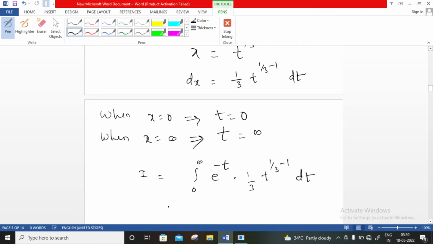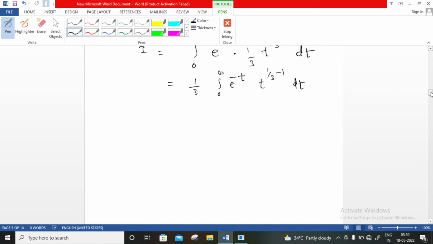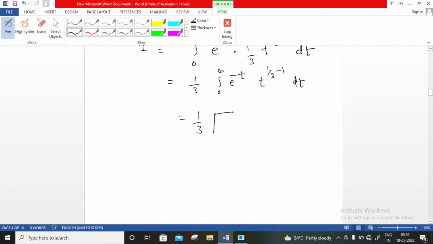1 upon 3 is a constant term, taken outside. Integration 0 to infinity e raised to minus t, t raised to 1 upon 3 minus 1 into dt. So 1 upon 3 as it is, and the value of this integration is gamma 1 upon 3.